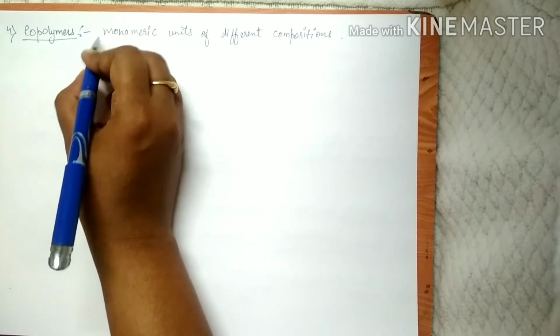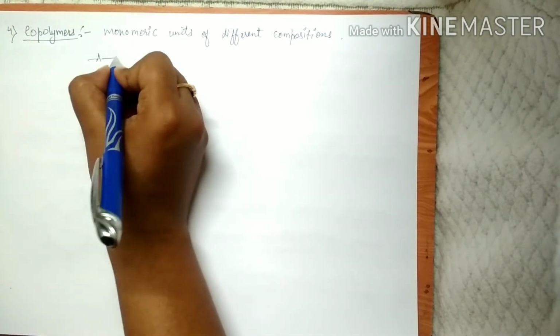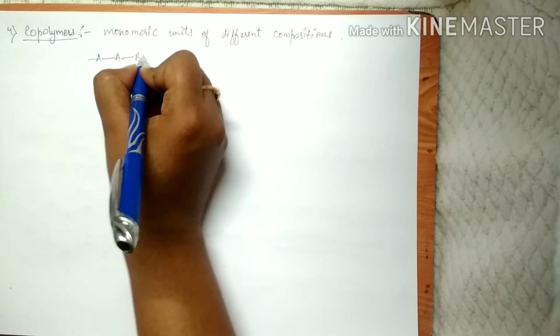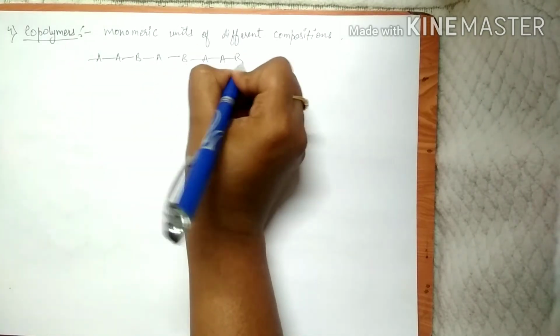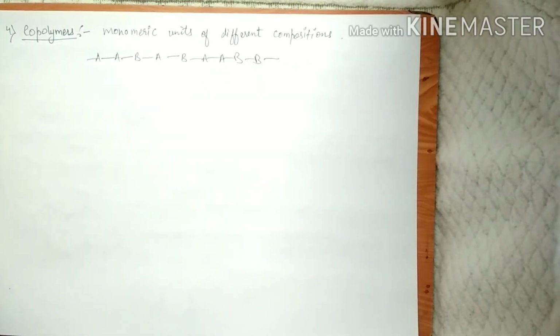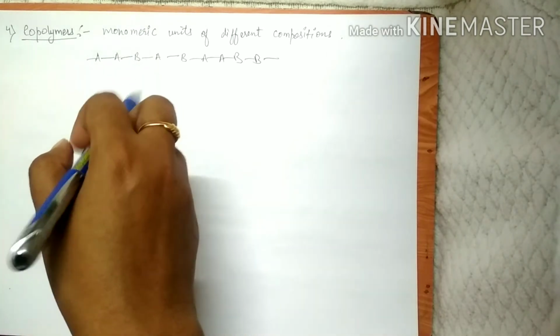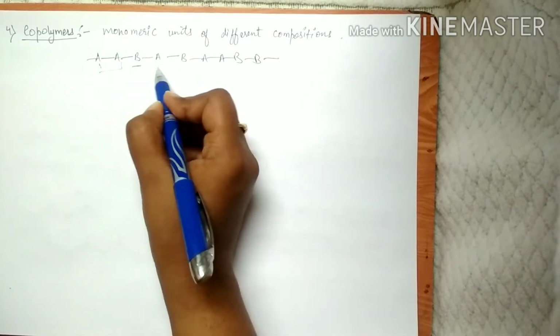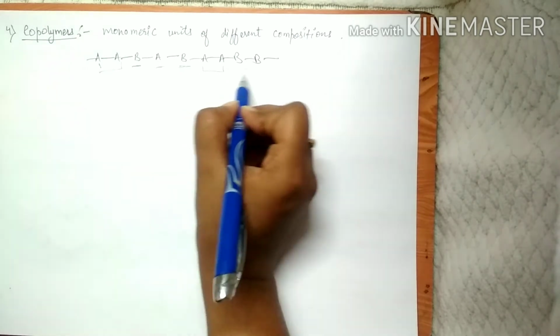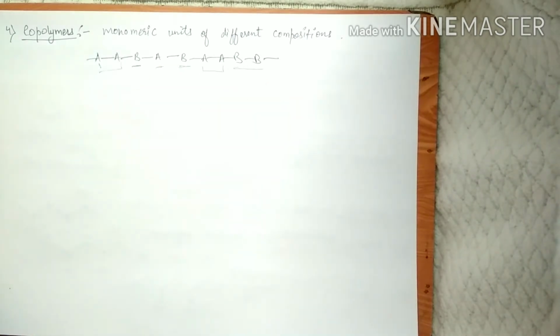For example, suppose you have a monomeric unit A combined with A, then B, again A, B, A, B, B, like that. So there is no proper sequencing of the monomeric units. You are having different compositions of these monomeric units. Here are 2A followed by 1B, then 1A, then 1B, then 2A, then 2B. There is no specific composition. Okay, so these come under the category of copolymers.